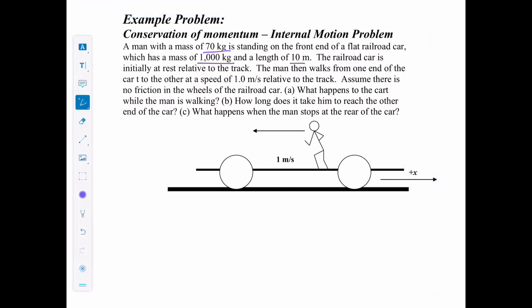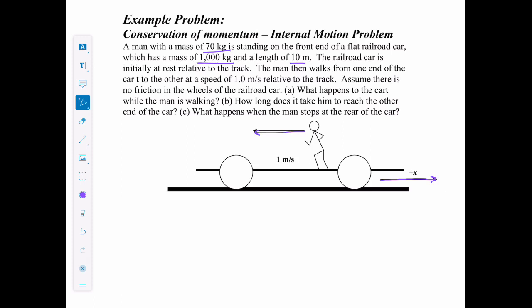So as he's walking in this picture to the left at 1 meter per second, the cart is going to move to the right. The cart's not necessarily going to move at 1 meter per second. We have to figure out what speed the cart is actually going to move, and that's how we can figure out how long it takes him to reach the other end.